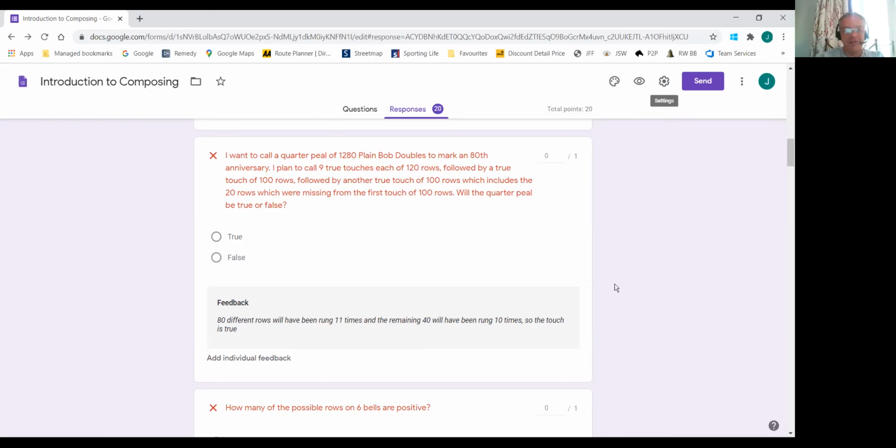So that actually satisfies the criteria for a true touch when we're talking about numbers of bells lower than 6, or 6 bells or less.